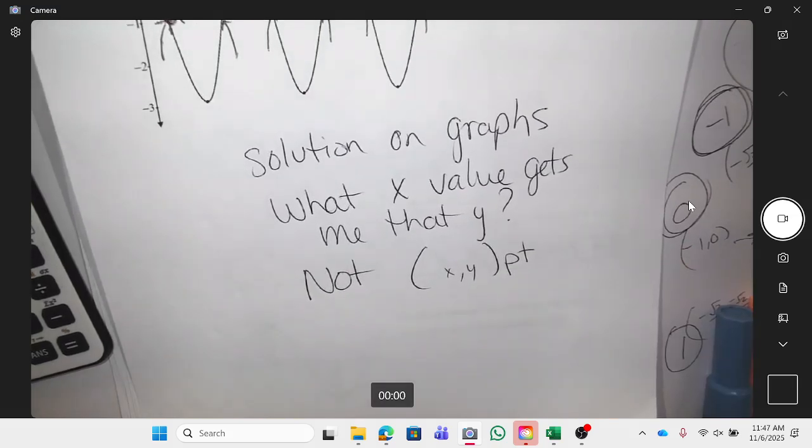The point is not the solution. The point is the intersection which will provide me the solution. Because I'm trying to think about where's the x that is getting me to the -1 height. Okay? Remind me I should talk about that right before your exam, because that concept is almost always on an exam.